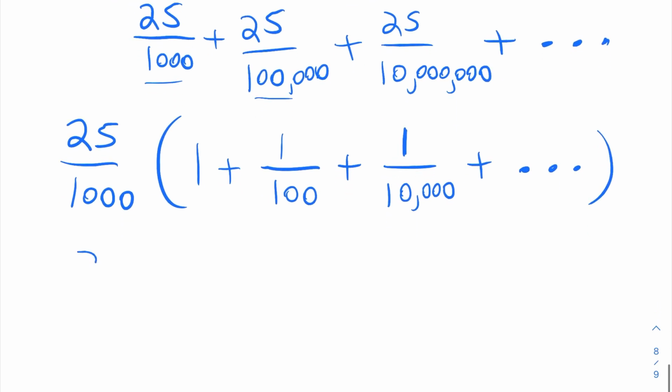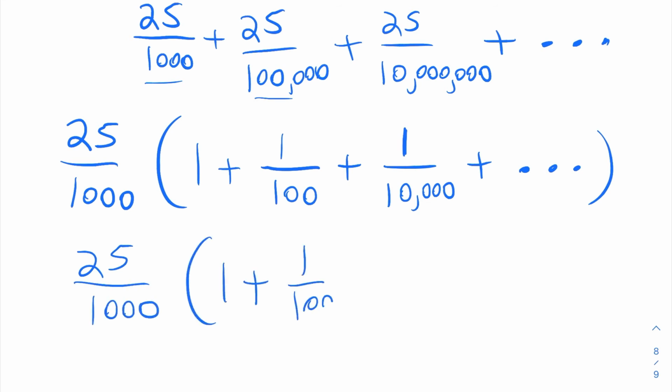So that's 1 plus 1 over 100 plus 1 over 10,000, and 10,000 is actually 100 squared. So there's a pattern there. This is geometric in nature.